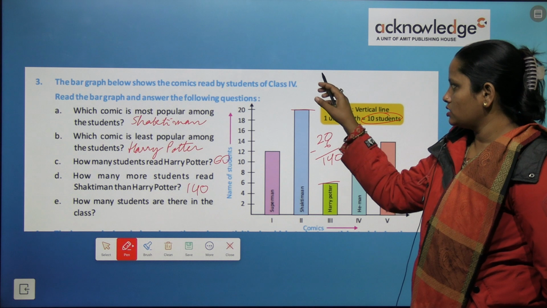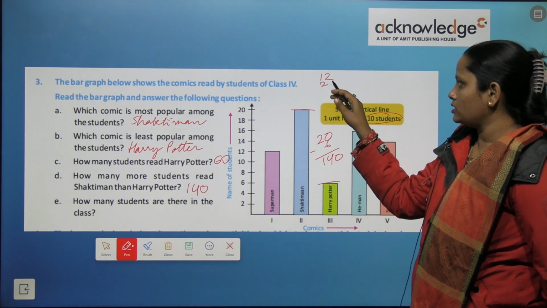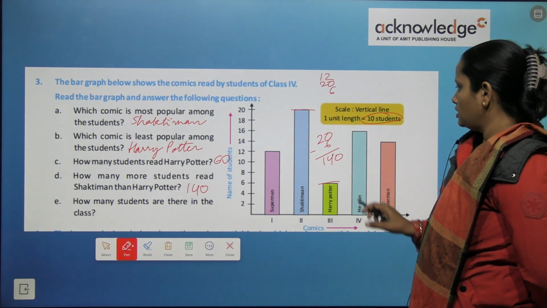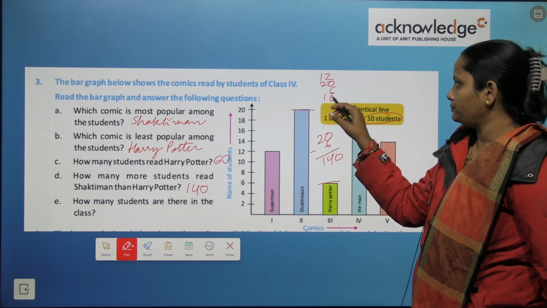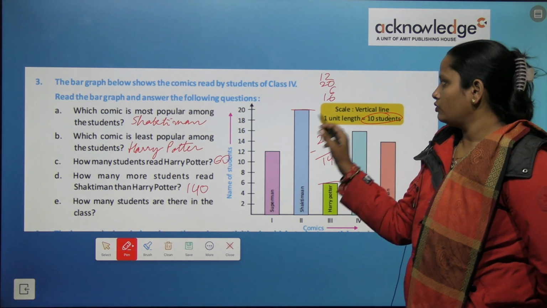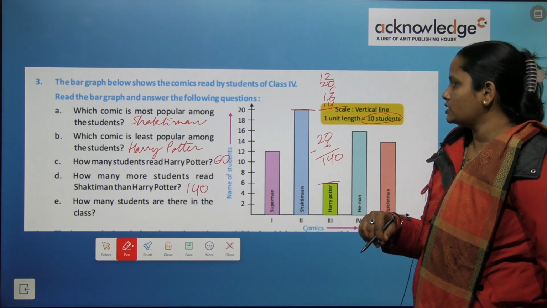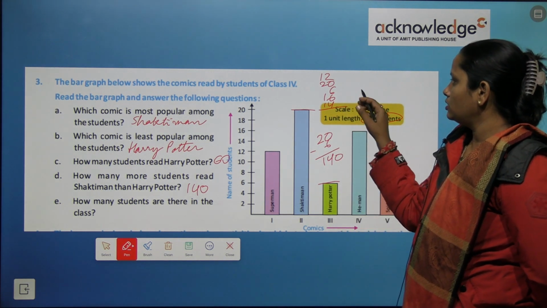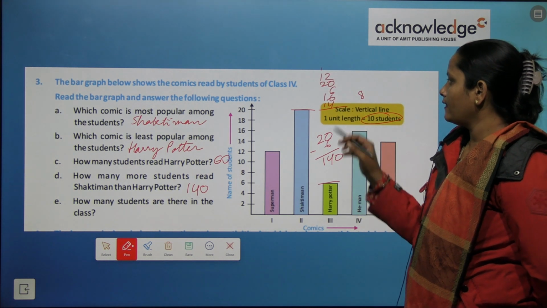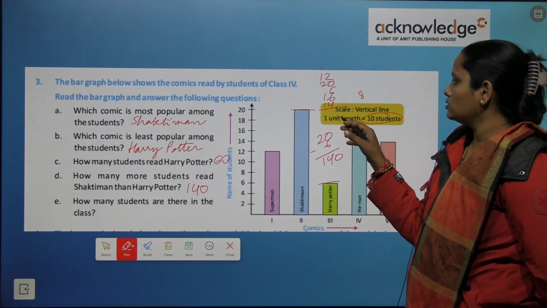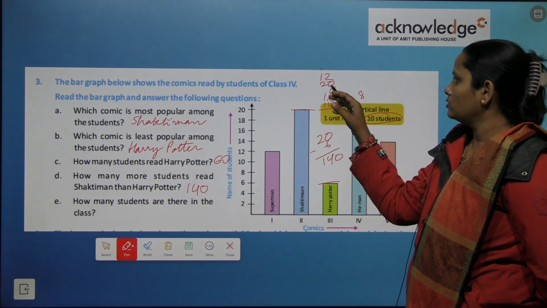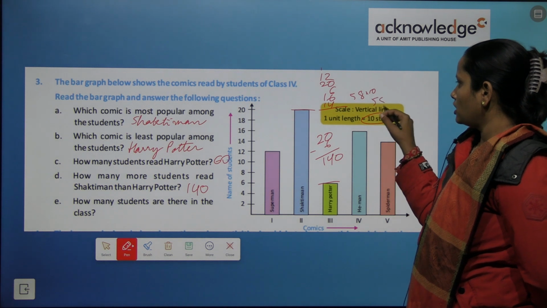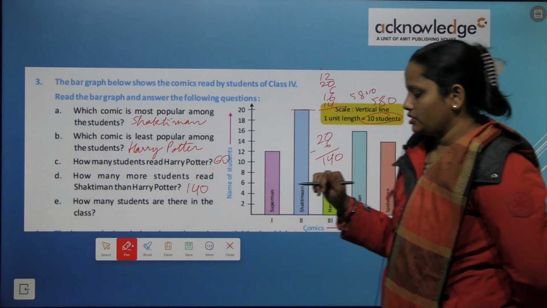How many students are there in the class? So we have to count it. 12, then 20, then 6, and here 16, 14. So we have to add all these. 58 multiply 10. So there are 580 children.